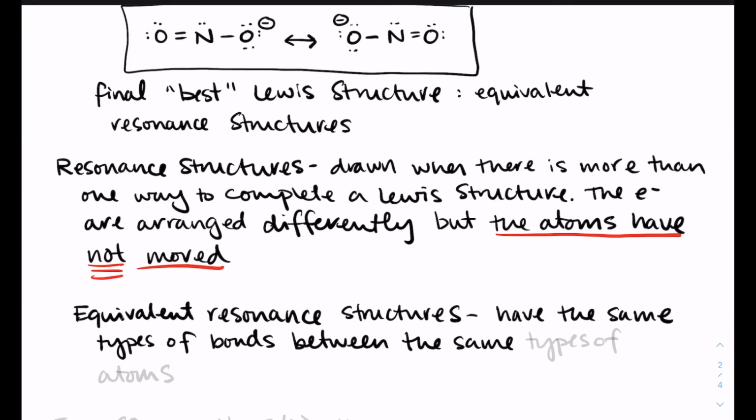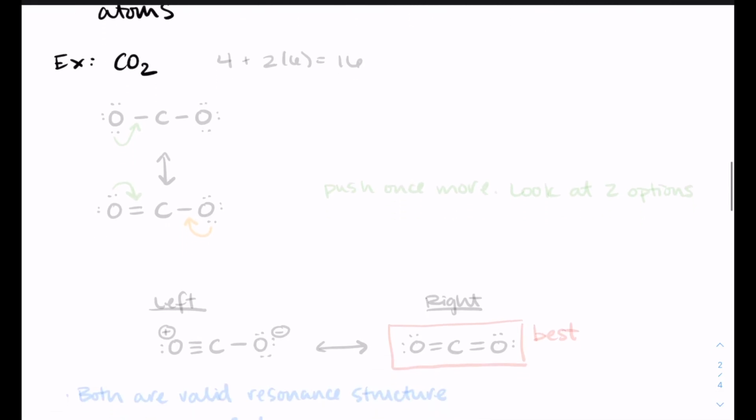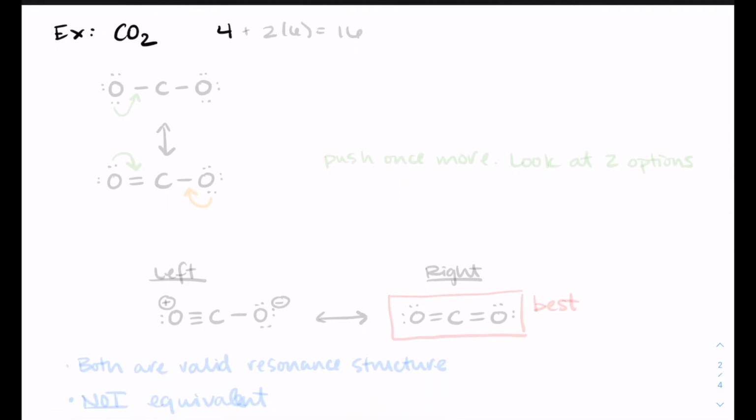You'll use some of them in organic, so don't be afraid of them. You get equivalent resonance structures when they have the same types of bonds between the same types of atoms. In my NO2 minus example, these are equivalent because I have a nitrogen with a lone pair that has a double bond to one oxygen and a single bond to another oxygen in both structures. So, same types of bonds between same types of atoms.